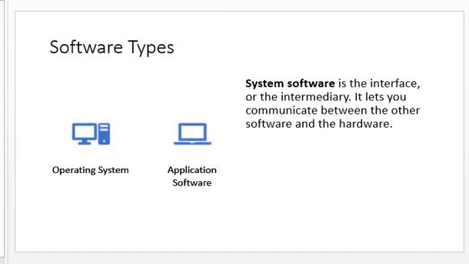It is also the operating system that provides a platform for interaction between the software, that is the application software, the hardware, and the user. So for you to be able to use your computing device or your networking device, it needs to have an operating system, sometimes referred to as system software.